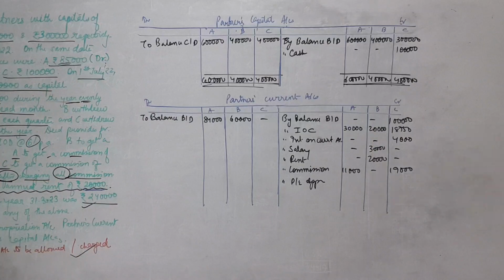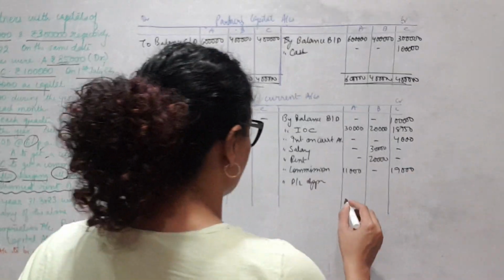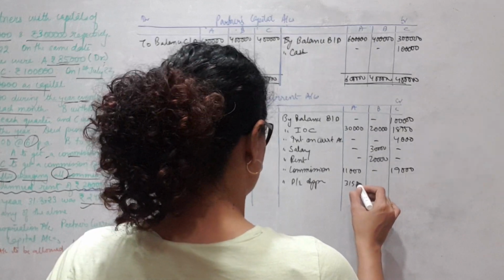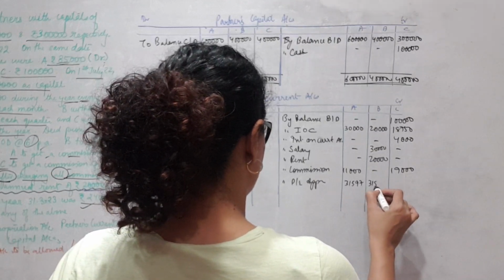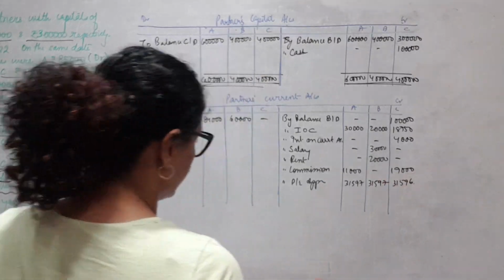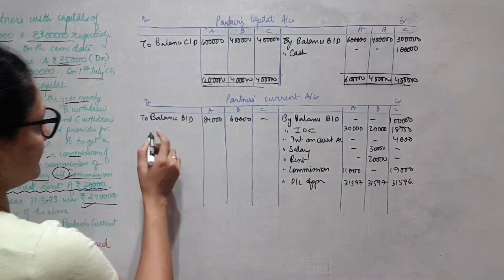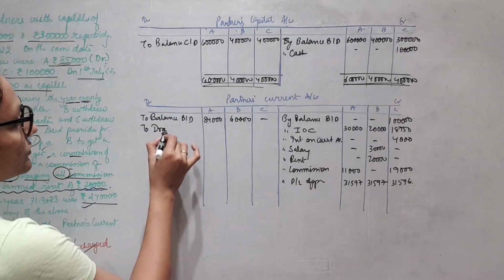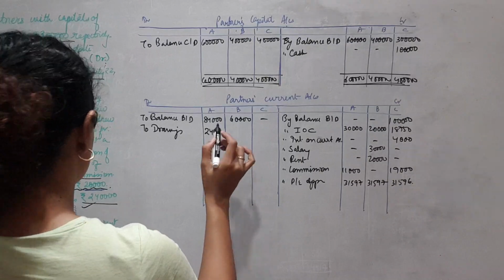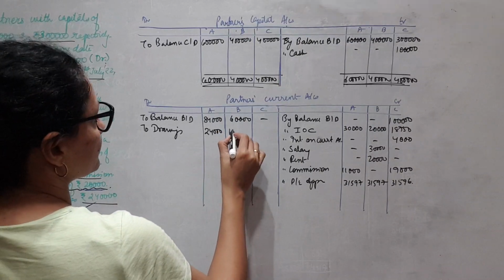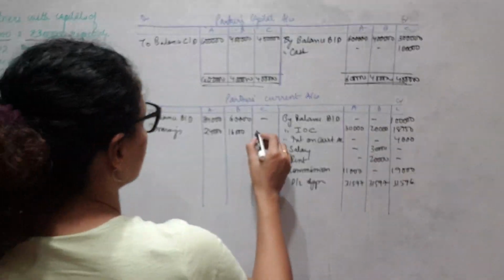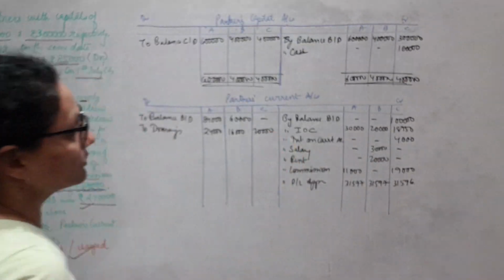For the share of profit, the final share of profit that we credited to their accounts. 31,597 and 31,596 for C. That's it. On the debit side, first thing, let's close drawings. Drawings was 24,000 throughout the year for A.